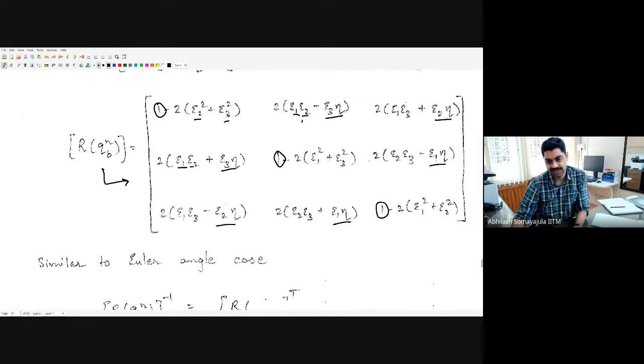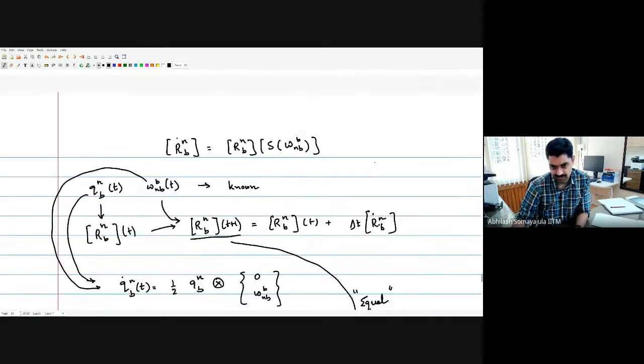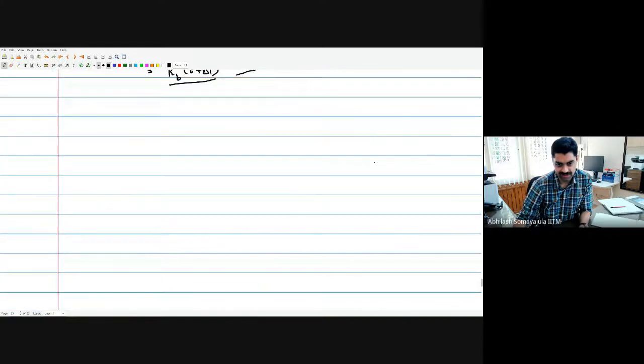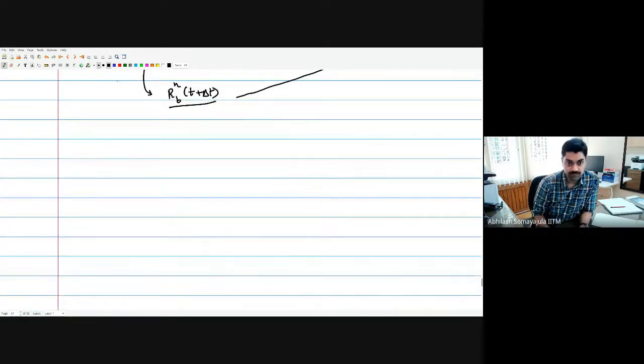Let's actually derive it so that it's simple and straightforward. It's not that hard. We are looking at the quaternion product 1/2 of that times 0 and omega_NB.